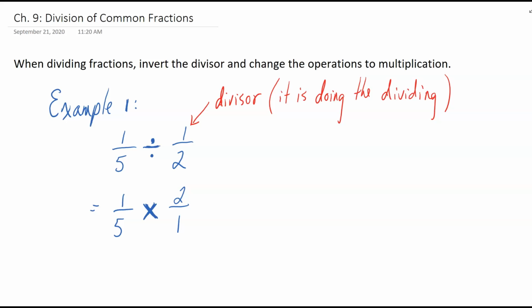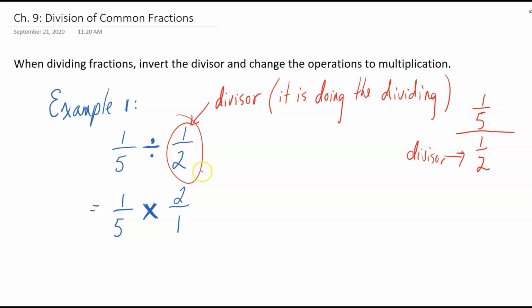In this unit, we're going to look at division of common fractions. When you're dividing fractions, you must invert the divisor and change the operation to multiplication. The divisor is the thing that's doing the dividing. Much like if I look at this as being 1/5 divided by 1/2, this is the divisor.